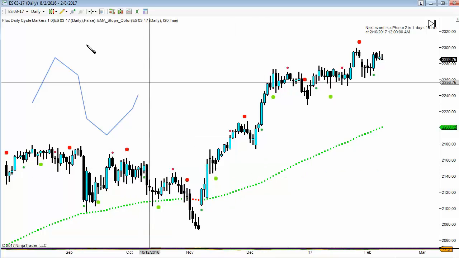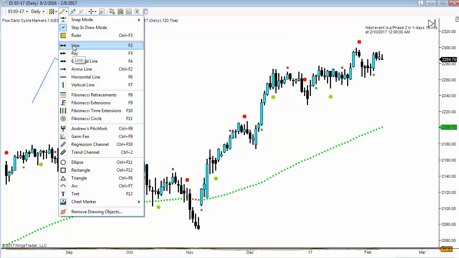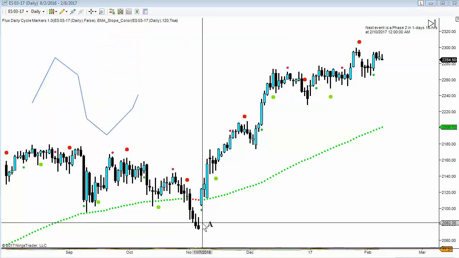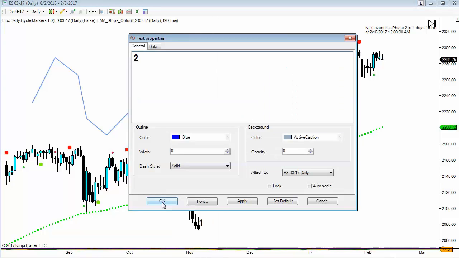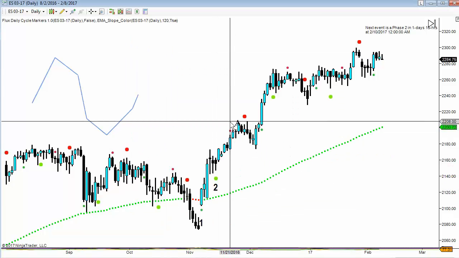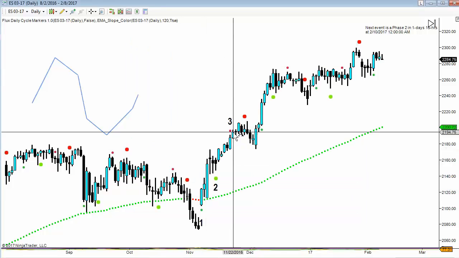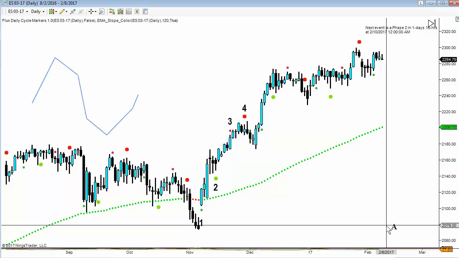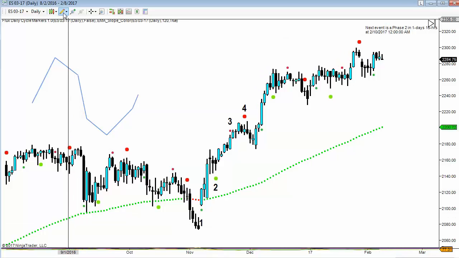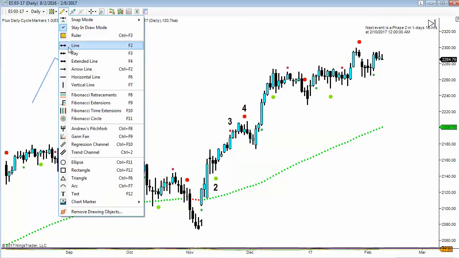And so we have these 4 phases that are continually moving through this cycle. We have 0 degrees, phase 1. We have 90 degrees, phase 2. We have 270 degrees, phase 3. We have 360 degrees, phase 4. And then these cycles repeat, just like a sine wave.